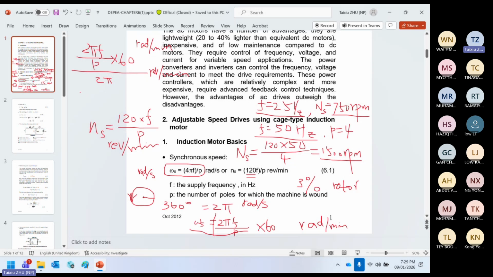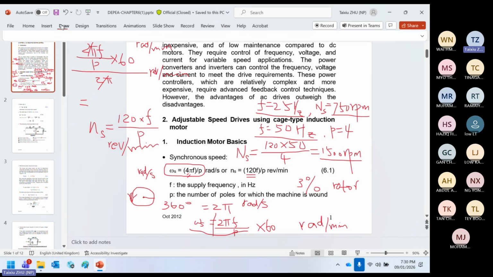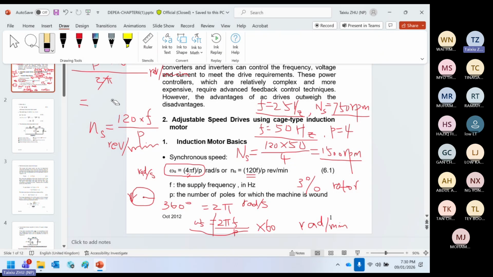The 2 pi cancels out. Let me do this. Oh, sorry, it's a 4, my bad. Allow me to make a change because somehow I wrote it wrongly.